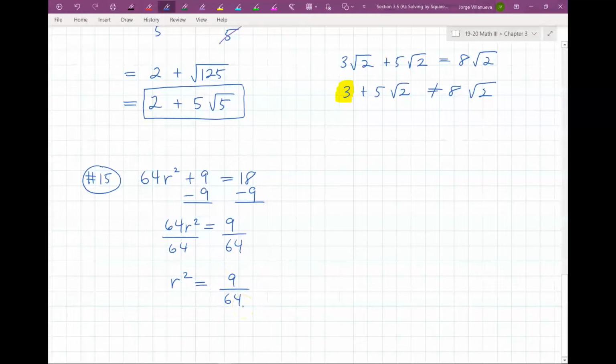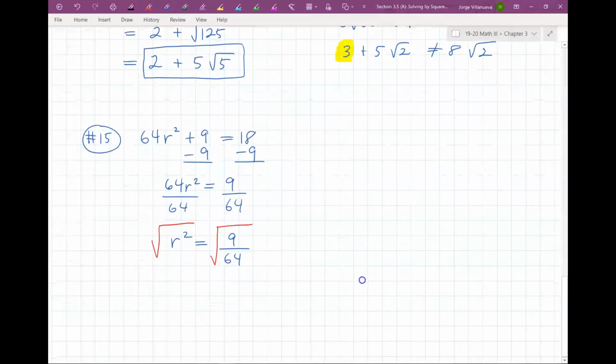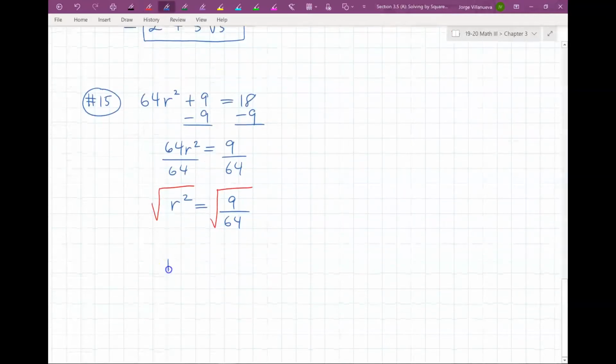And what you have to do at this point is, you see the r squared? We can get rid of it, you guys have seen this, by taking square roots. But anytime you take a square root, you should always have a positive and negative answer. So for my next step, it's going to be r equals plus or minus. Notice this fraction can be reduced.